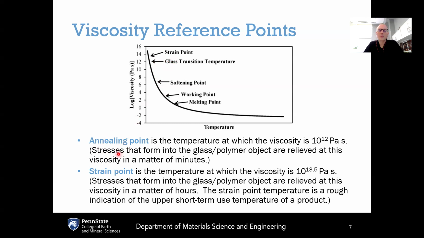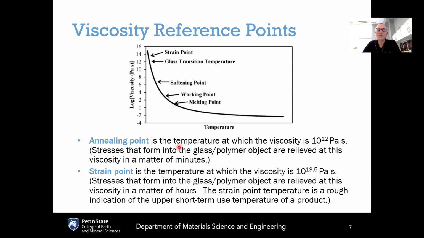And from the point of view of viscosity, they both indicate the temperature at which the viscosity is 10^12 Pascal seconds. It's sometimes called the annealing point because this is the temperature at which glasses are often annealed after forming because stresses in the glass get relieved in a matter of minutes if you hold the glass object at the annealing point.